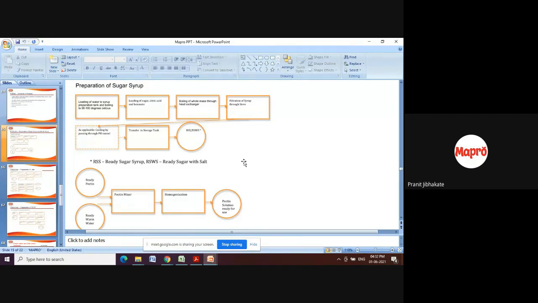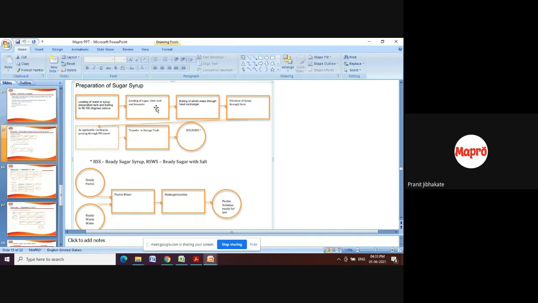Inversion is basically to stop the crystallization of the sugar in the final product. Okay, what happens in inversion? We are adding sugar. Sugar is what? Sugar is a carbohydrate, disaccharide, sucrose, C12H22O11. So in inversion, we are breaking sucrose into glucose and fructose.